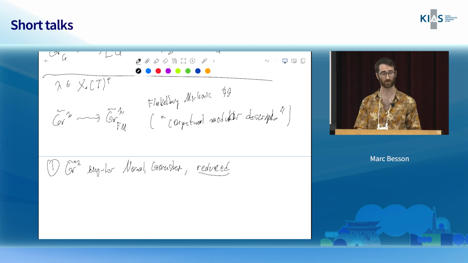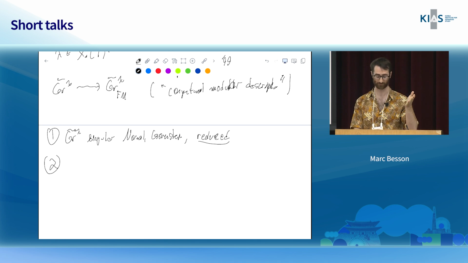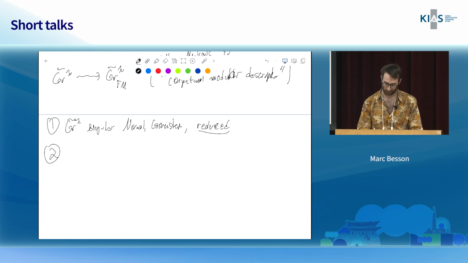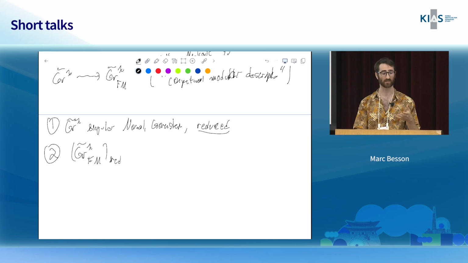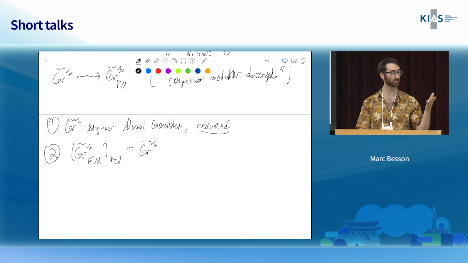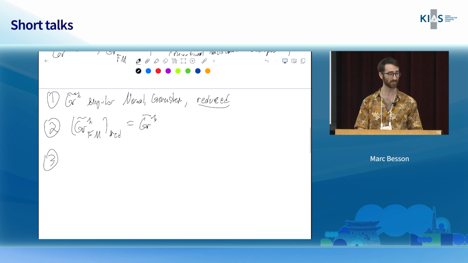We define these affine Schubert varieties to be closures of cells with the reduced induced subscheme structure. By some easy calculation, you can check that the reduced subscheme underlying these Finkelberg-Mirkovic Schubert schemes is the affine Schubert variety. So these Finkelberg-Mirkovic Schubert schemes are possibly non-reduced thickenings of these affine Schubert varieties.